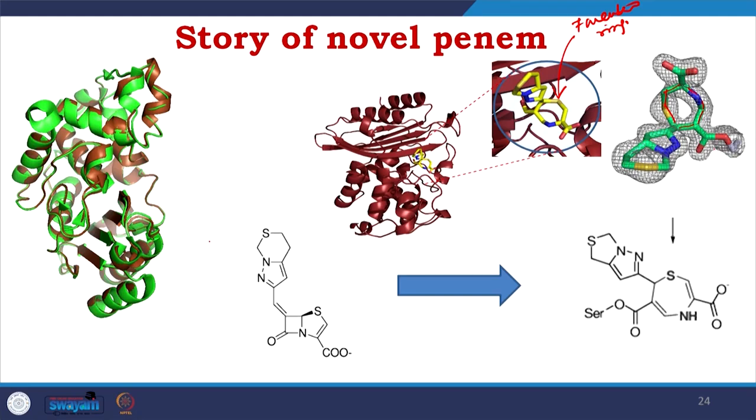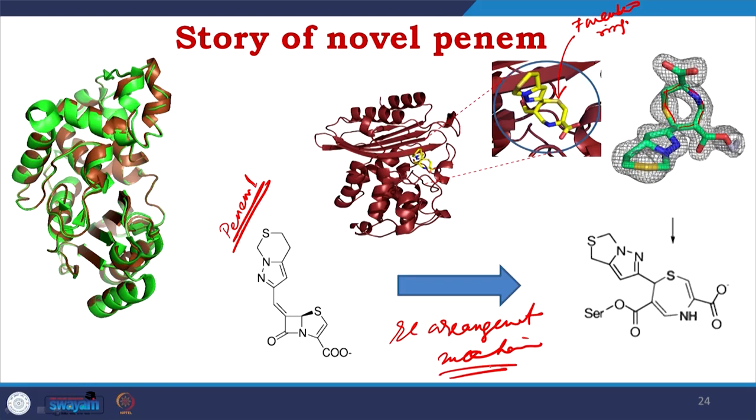Now, if you come to the original, the penem 1, the conversion from this to this is a rearrangement mechanism.